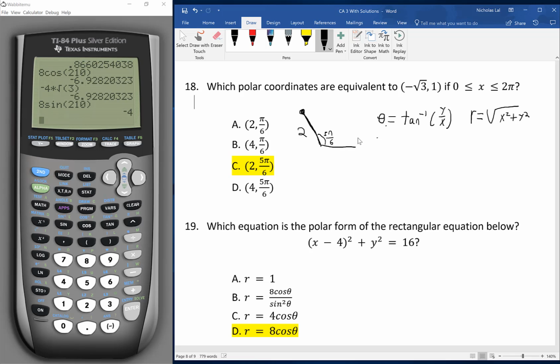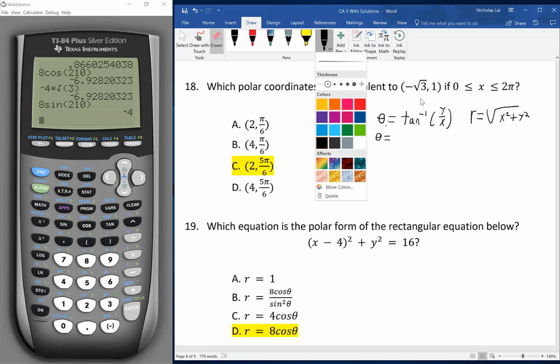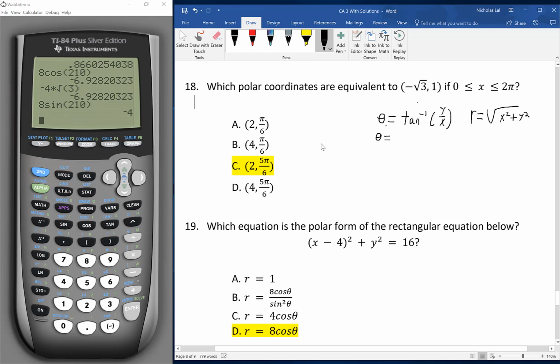So let's find theta. And I'm sorry, we don't know the right answer to begin with. So let's pretend we didn't look at this, and we're just looking at these rectangular coordinates, okay?